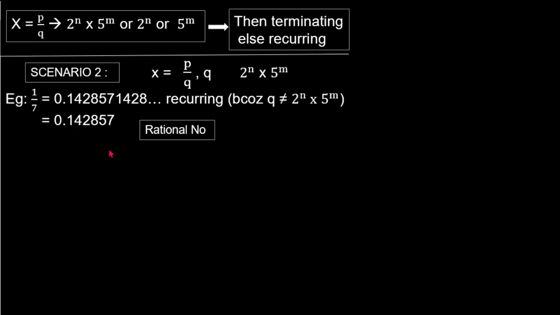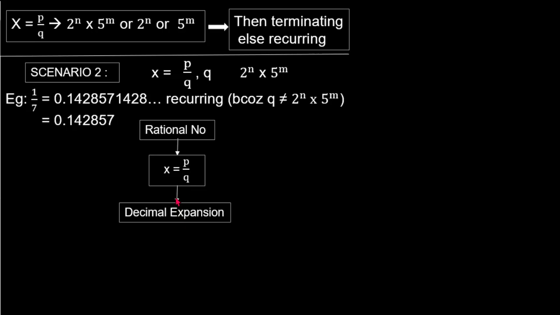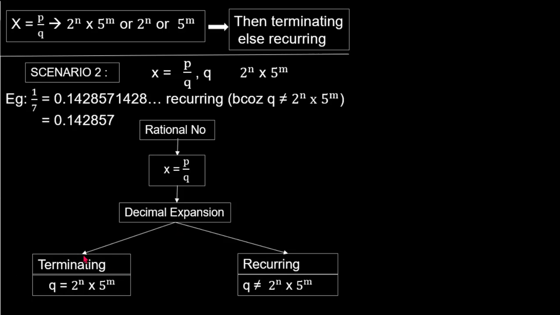So finally we conclude that a rational number, which can be written in the form p by q, has a decimal expansion. If you take its decimal expansion, it can be of two forms. It will be terminating if this q is in the form of 2 raised to power n into 5 raised to power m, and it will be recurring if q is not in this form.